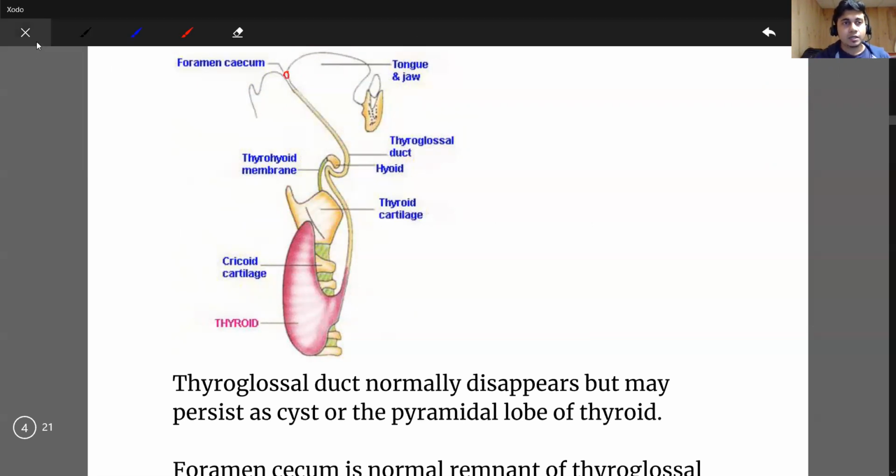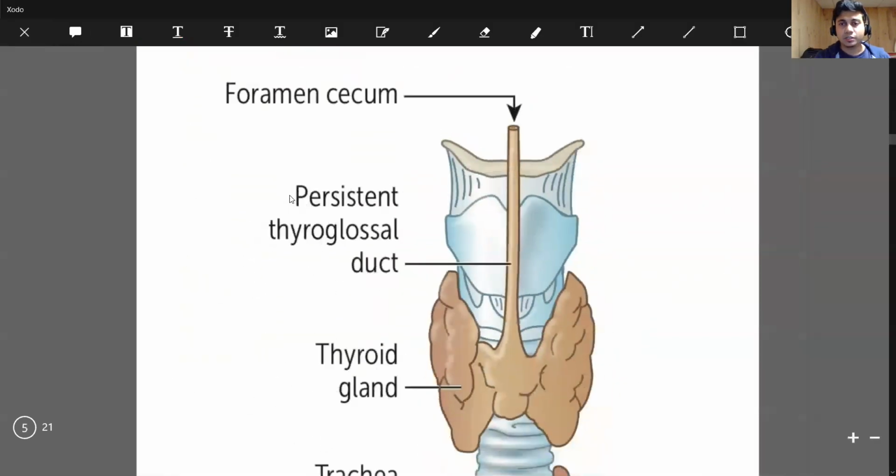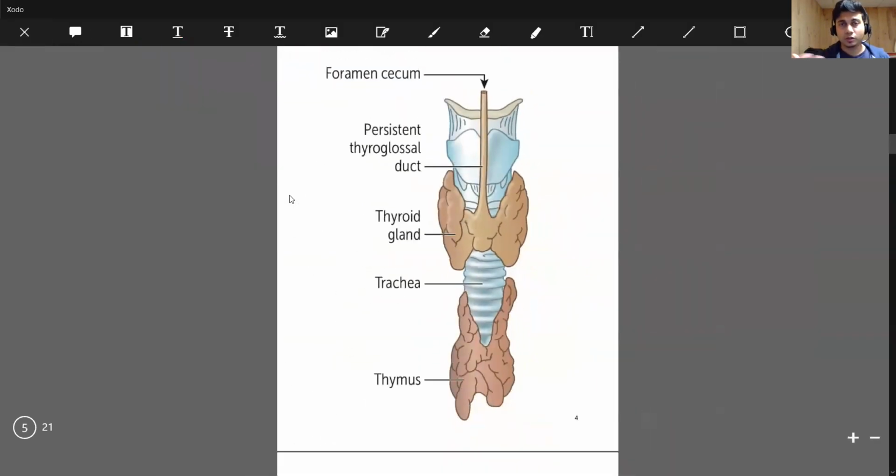All right. Now, next picture, this is the total gross view of the thyroid from the front. As you can see, this is the thyroid cartilage, and here is the thyroglossal duct. Usually it disappears, but if it does not, fluid collects here, and it may appear as a cyst.